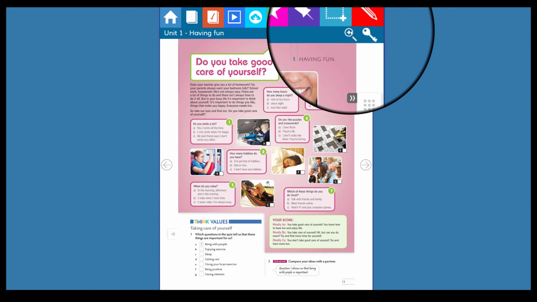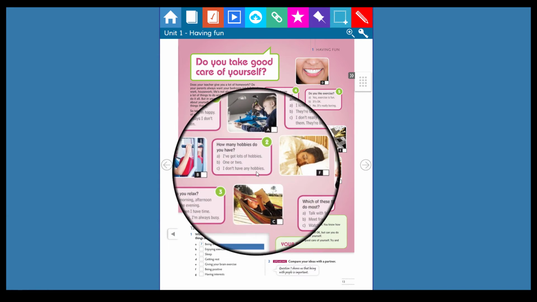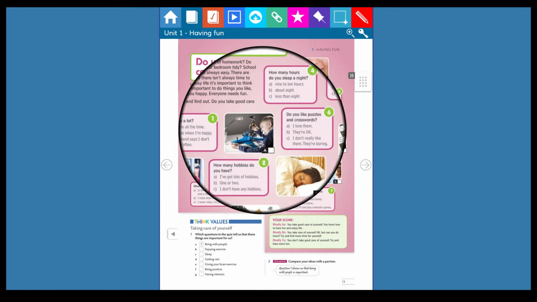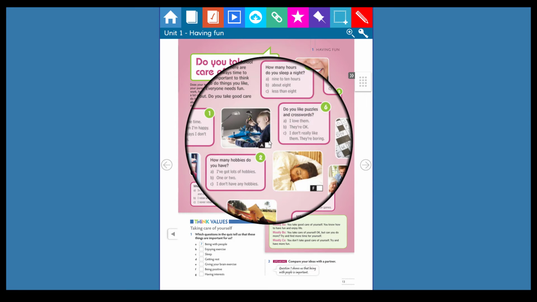Okay, now let's match the pictures with the questions. Letter A. There is a boy with a plane in his hands. So what do you think? Letter A, question 2. How many hobbies do you have? Letter A, number 2.